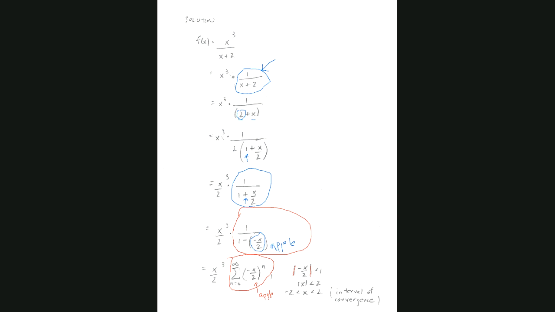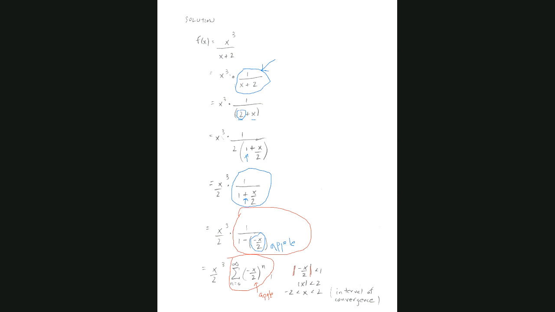Very good question, Robin. I was actually ready to discuss that. Robin asks, are we required to manually check the endpoints? The answer for section 8.6 problems is no. In section 8.5, when you were looking at power series problems, you had to test the endpoints.